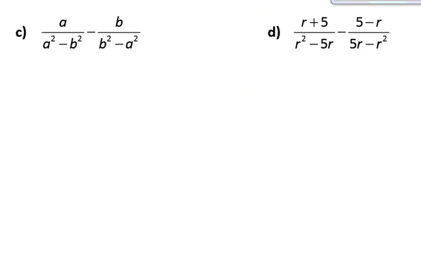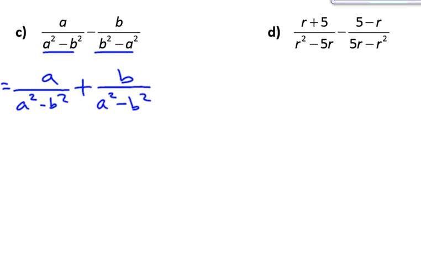Part C. We have, again, opposite denominators, so we're going to leave the first one the same. Flip the sign from subtraction to addition, and flip the denominator. Now we add, so this one's a little bit easier because we don't have to distribute the negative. Add a plus b in the numerator.